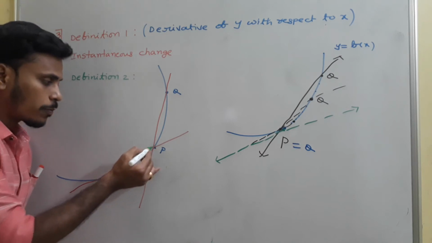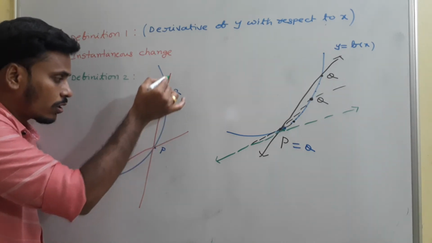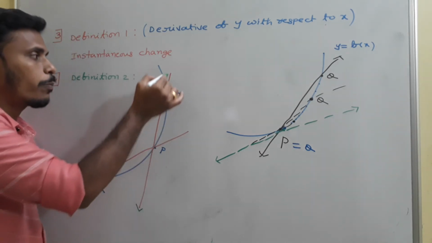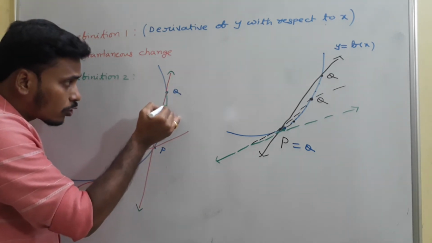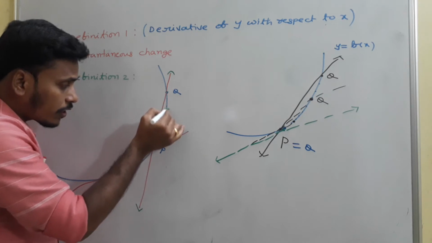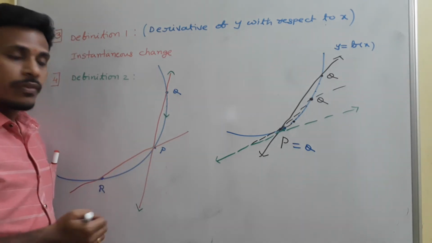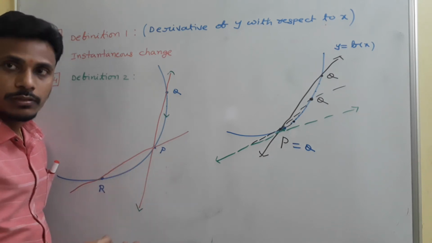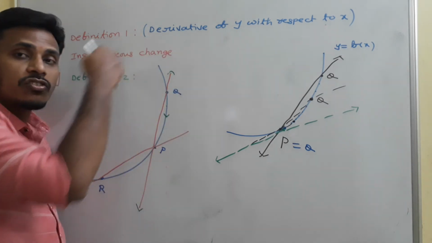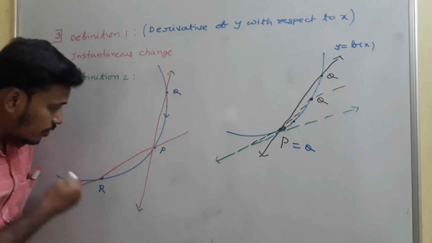That's what I am saying. Actually this is P and this is Q. This is the secant PQ. If this Q is approaching P, then this secant is going to become a tangent. Not only in this direction, it also happens in this direction.